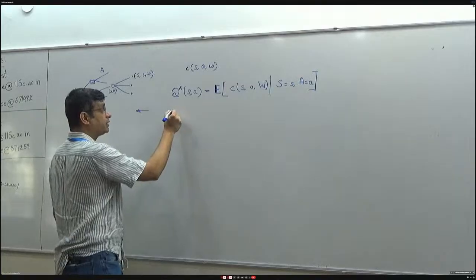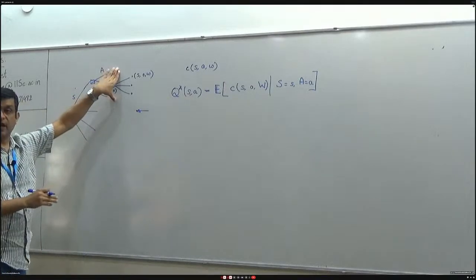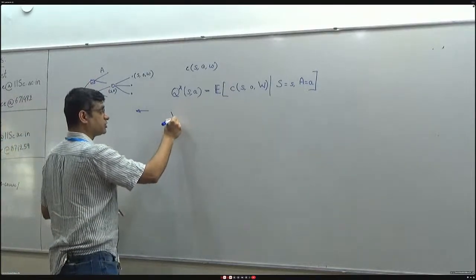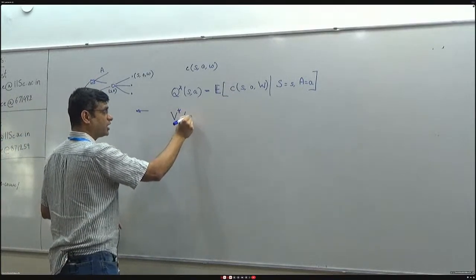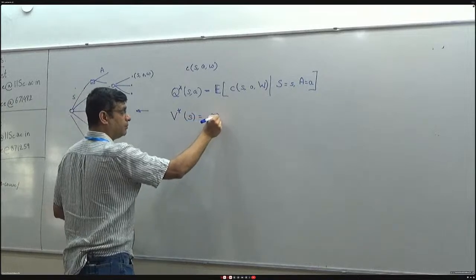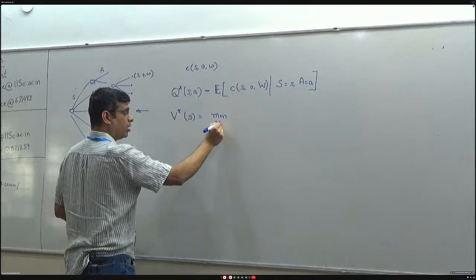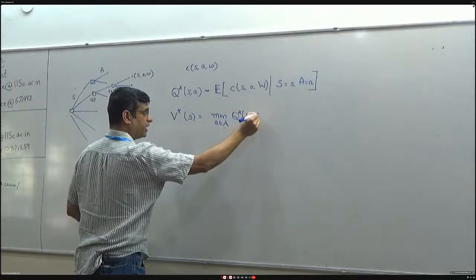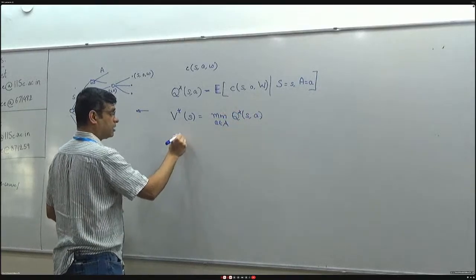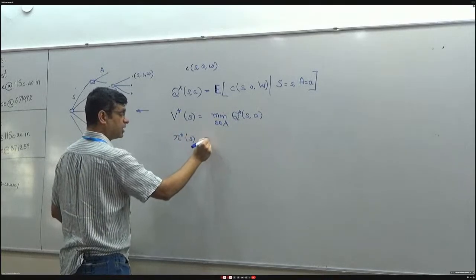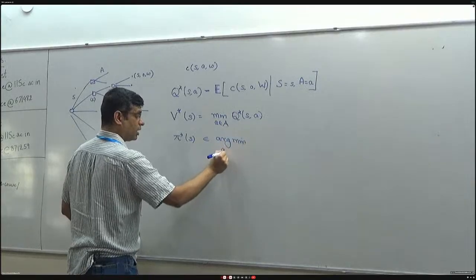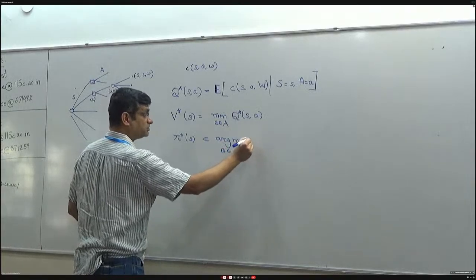And so this is the averaging done at the chance node, and I do optimization at the decision node. I compute V star of S to be the minimization of Q star of S and A, and my optimal policy is something which chooses one of the argmins of this.